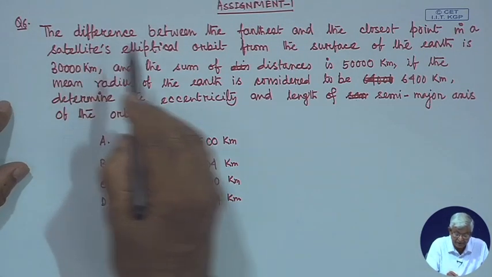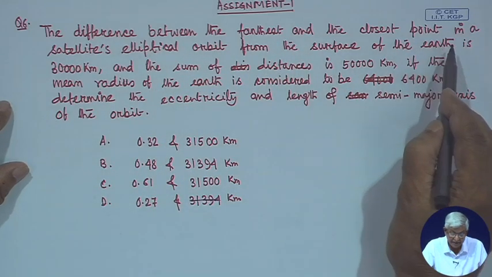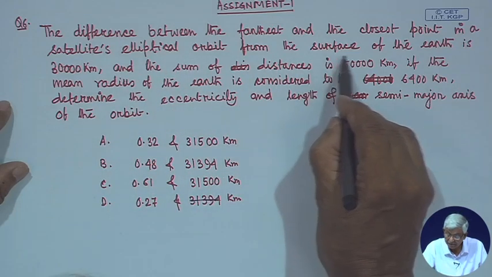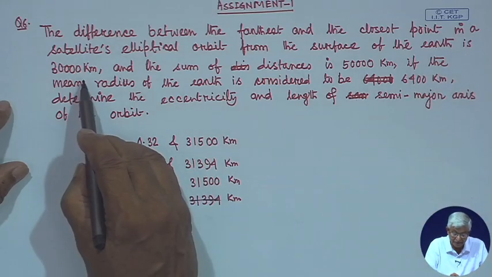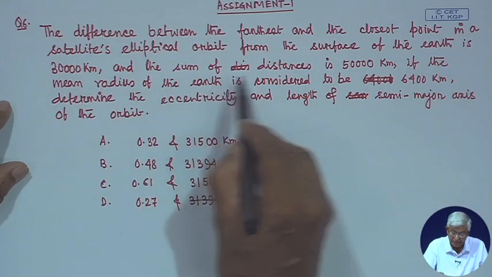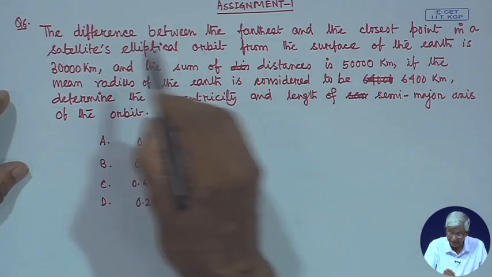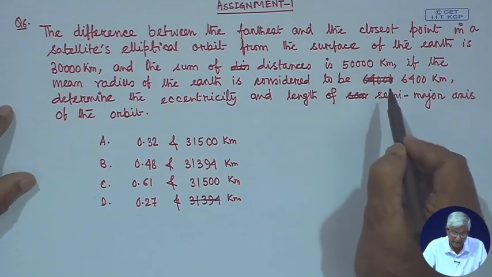The difference between the farthest and the closest point in a satellite's elliptical orbit from the surface of the Earth is 30,000 kilometer, and the sum of the distances from the surface of the Earth, closest and farthest point, is 50,000 kilometer.